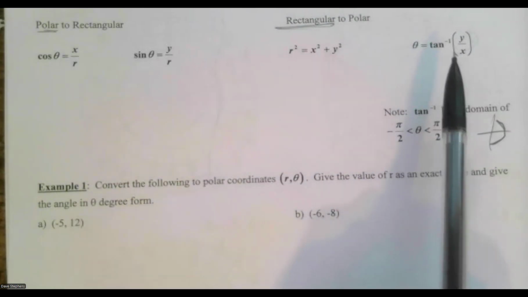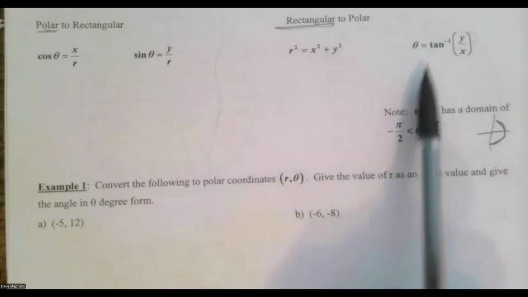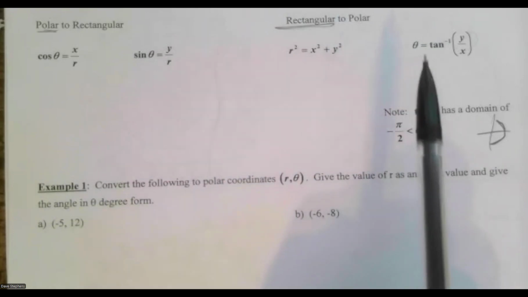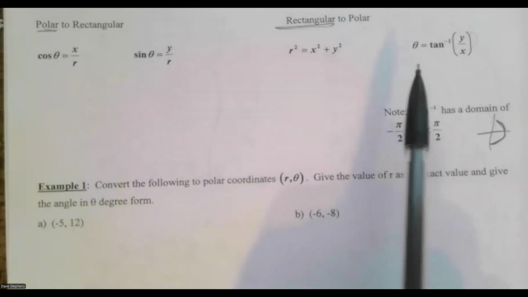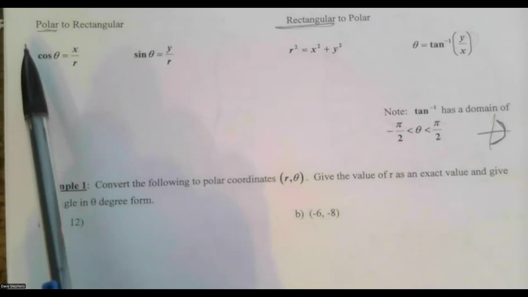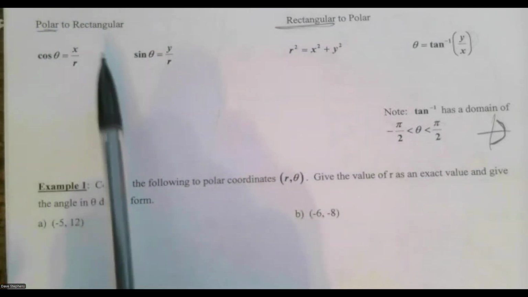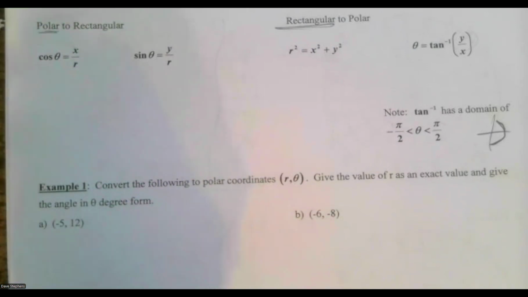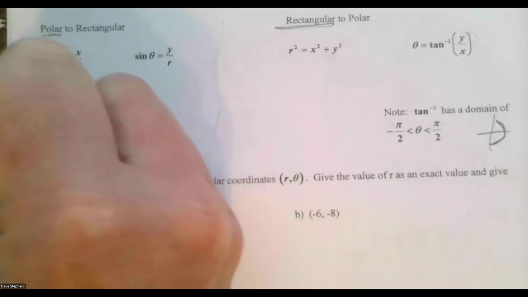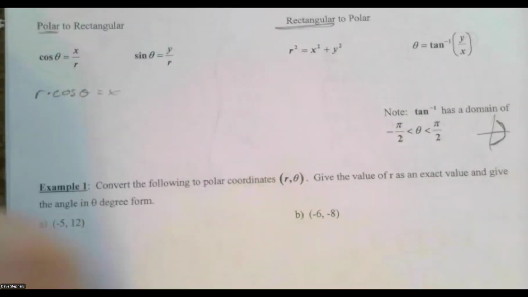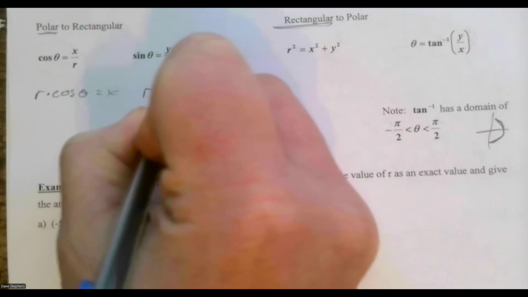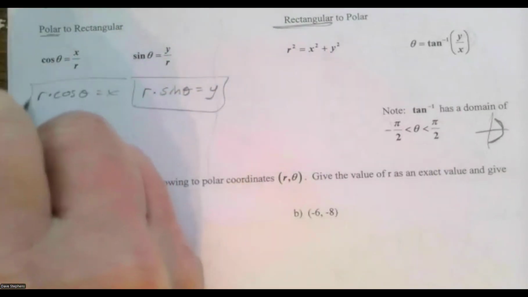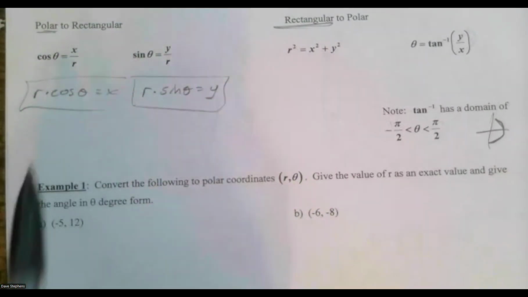Theta equals tangent inverse of y over x. And yes, that is true. We could just plug these values in to get what we need. However, I want to draw visuals of why we're getting there and how that happens. But whenever we go from polar to rectangular, when that time comes, it's helpful to see that if I multiply both sides of this by r, r times cosine theta is the x value, and r times sine theta is the y value. So this might be a little bit easier to use when that time comes.